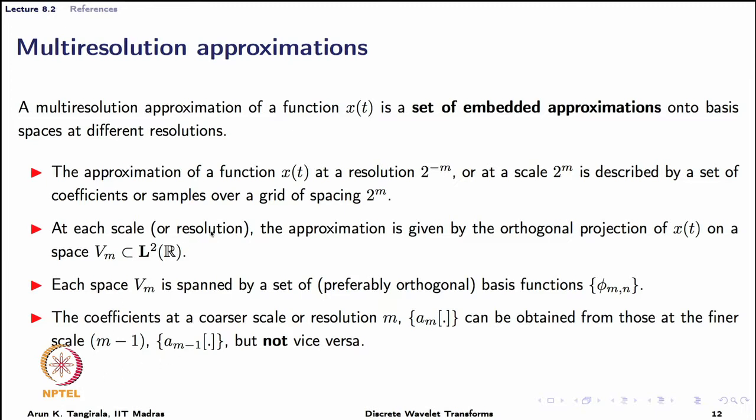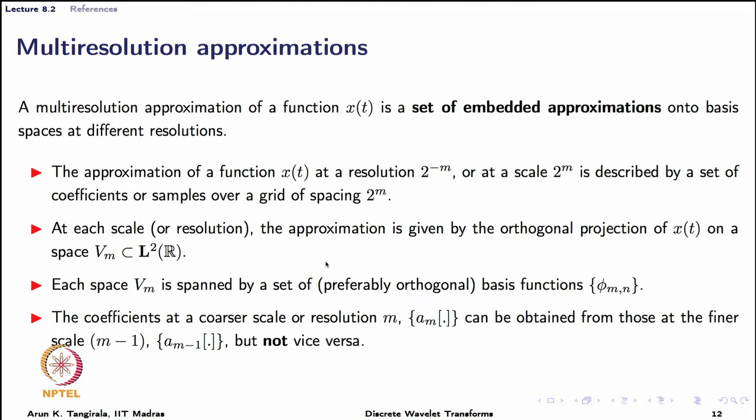So, there are some important features of an MRA. One, the approximation of the function at a resolution 2 power minus m is described by a set of coefficients or samples over a grid of spacing 2 power m. So, the coefficients that you are computing at a certain resolution are not defined over an arbitrary grid, they are defined over a grid which has spacing 2 power m, and at each scale the approximation is given by orthogonal projection naturally, because we are seeking the best approximation.